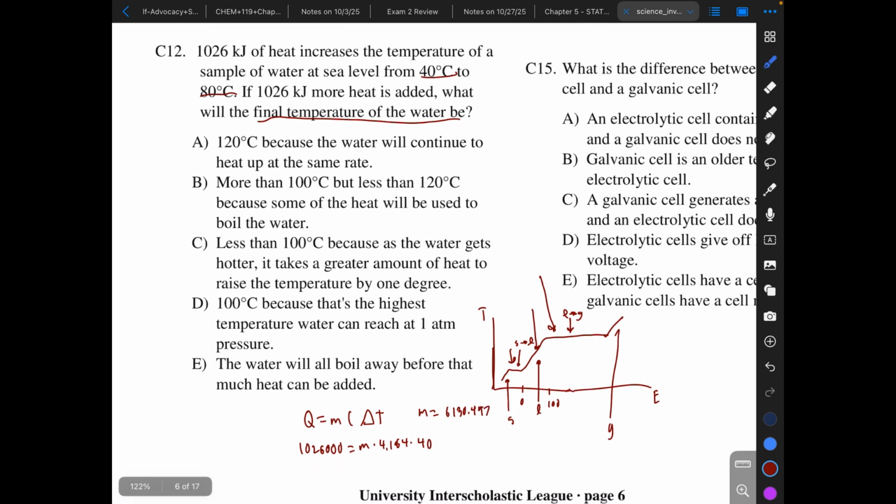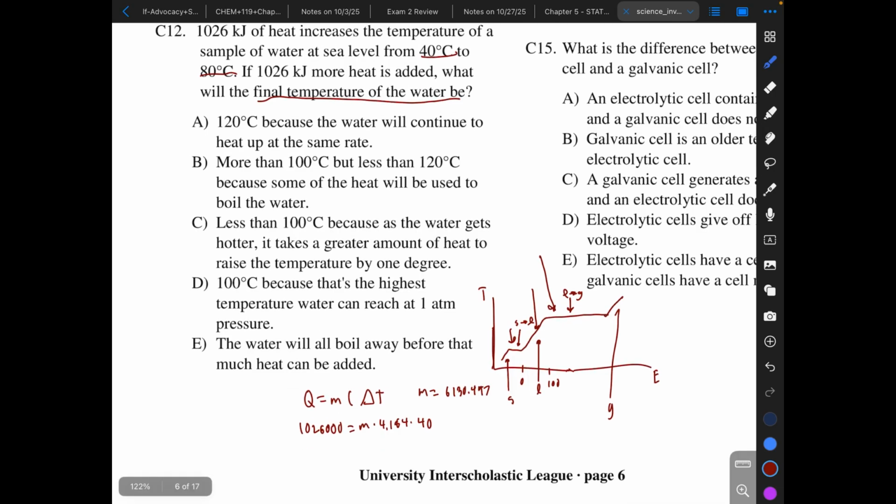But now we want to find the final temperature of the water when it goes from 80 to 100 and then once it boils. Because we don't want to just go straight from 80 to 120, since it's going to boil. So 80 to 100, that's a 20 degree change.